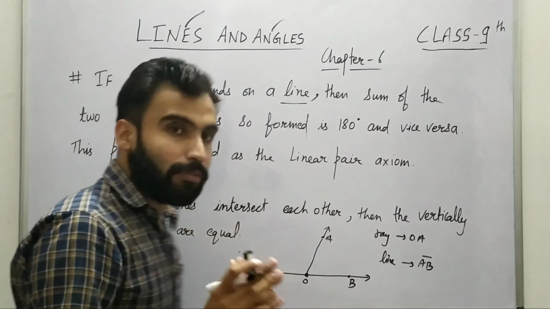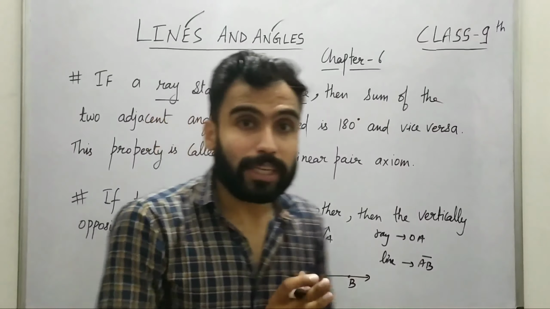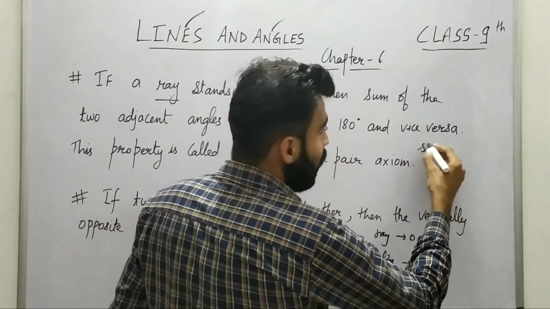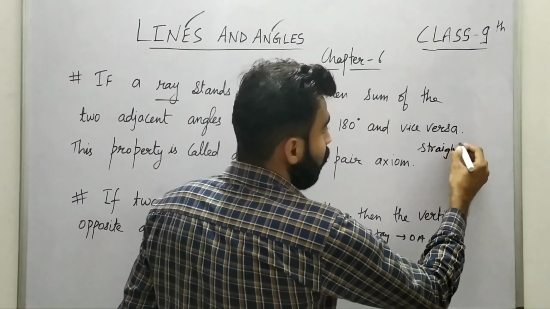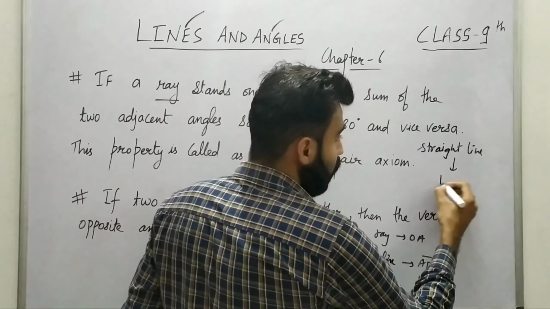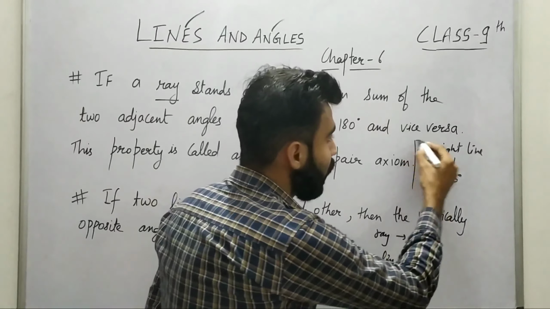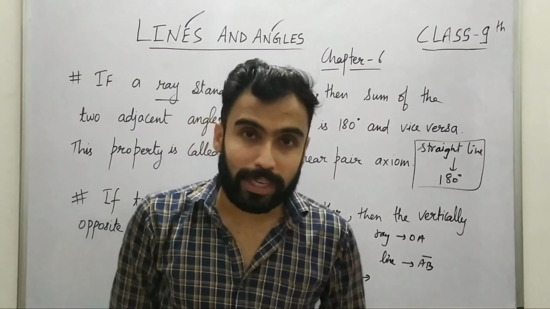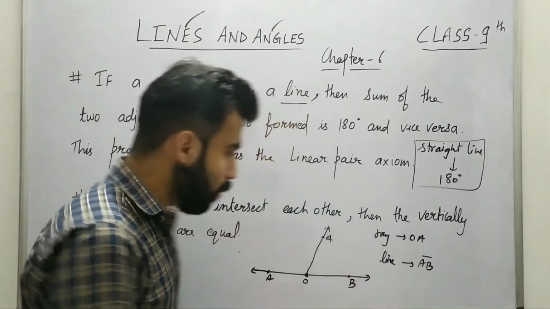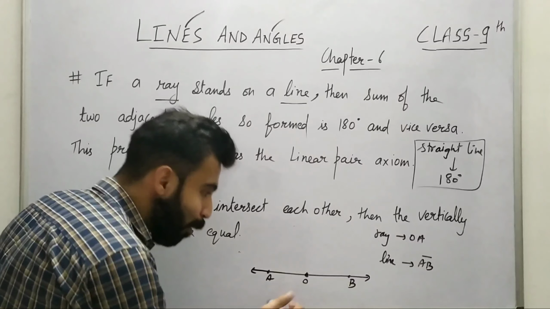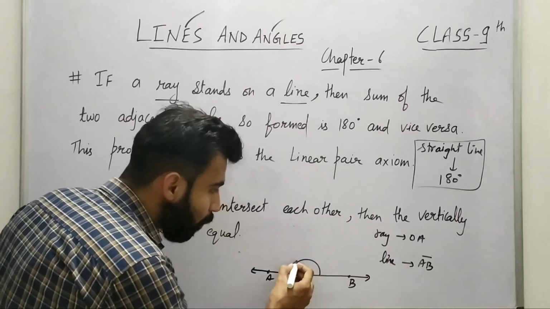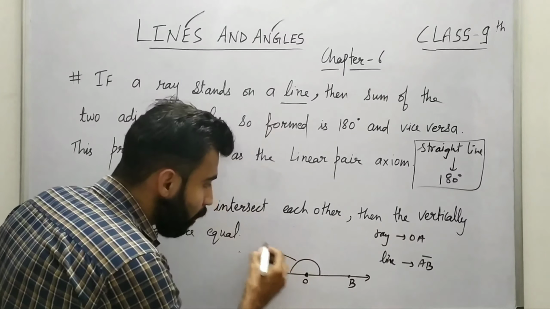Then the first thing is that the angle of a straight line is 180. Always remember that a straight line has angle 180 degrees. You should always remember this, that is an important point here: the angle of a straight line is 180. Now if I remove this ray from here first, this straight line AOB will have an angle of 180 degrees, right?